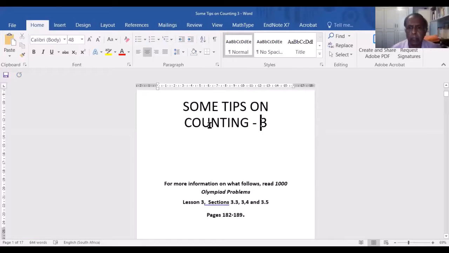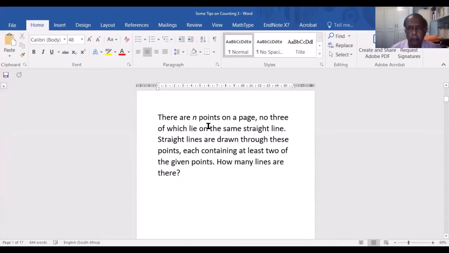We now want to move on to the next section where the order is not necessarily of importance. Okay, so let's look at the very first problem on this.